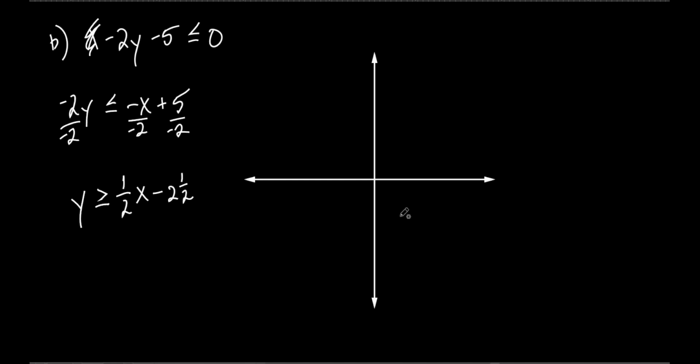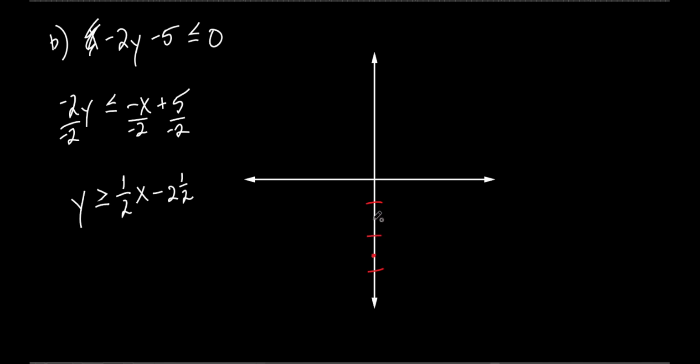All right, so now we go ahead and we plot. Now, it's or equal to, so now this time, guess what I can do? I can keep it a, what kind of line? Solid line. All right, so -2.5, there's -1, there's -2, there's -3. -2.5 would be right there. What's the slope? 1/2. So you rise 1, see how you're in between here at a half?